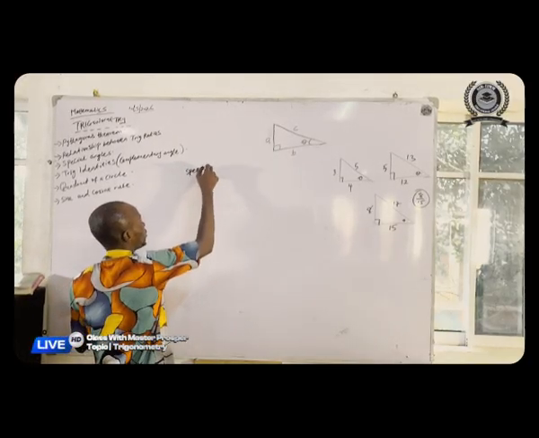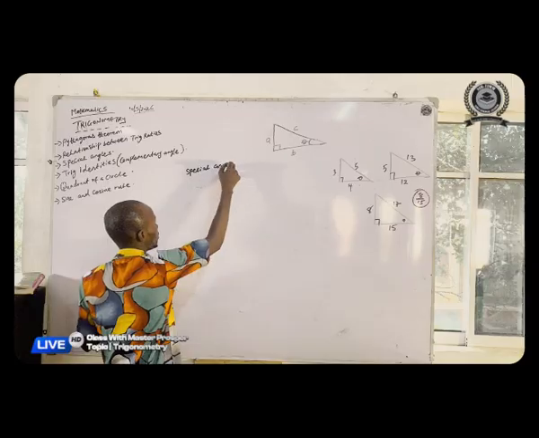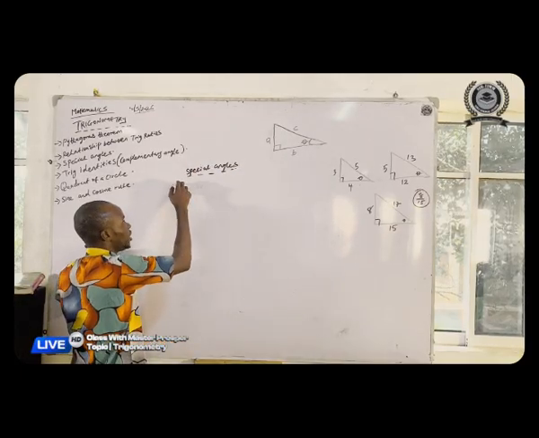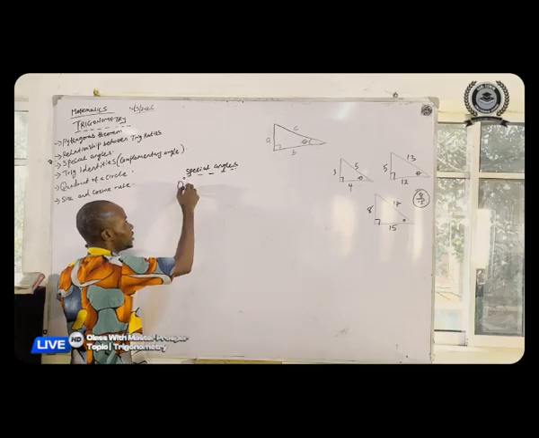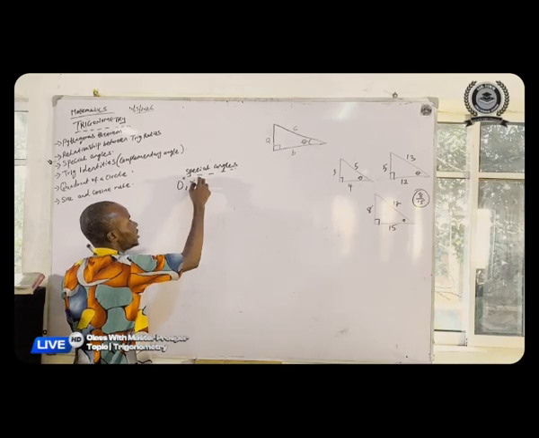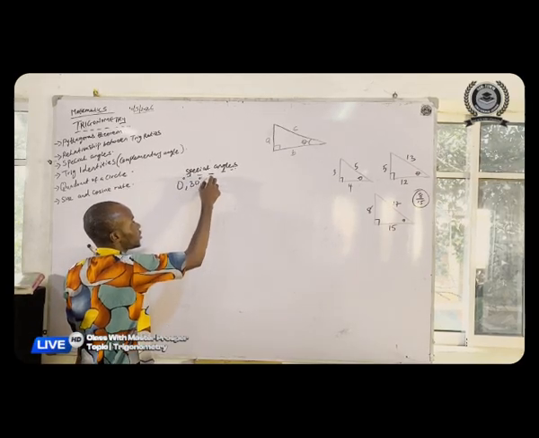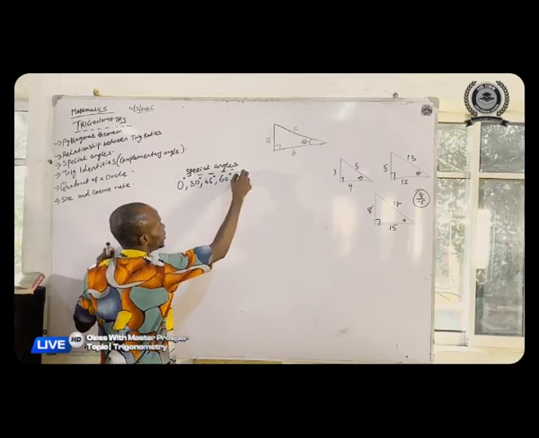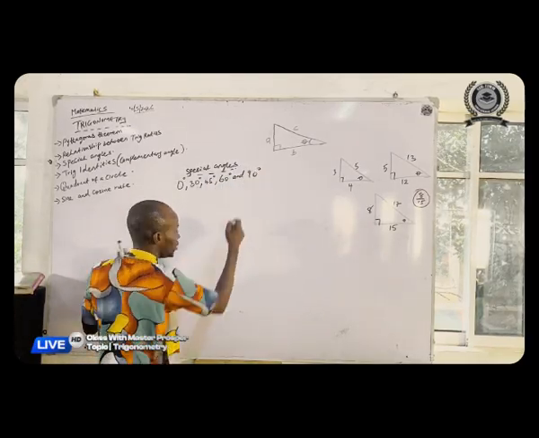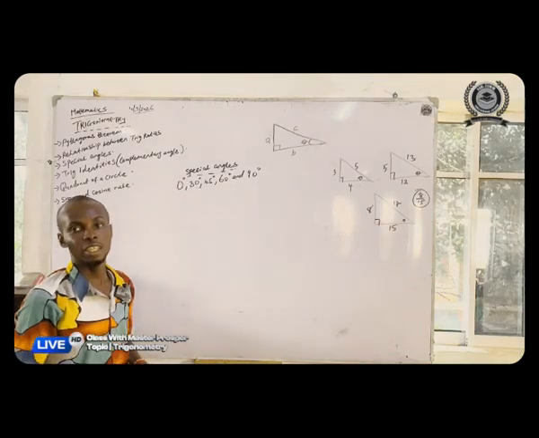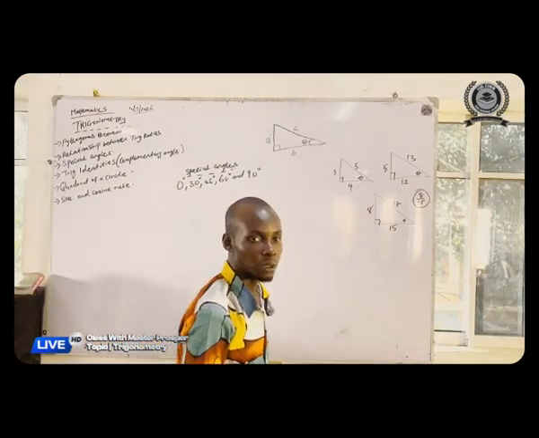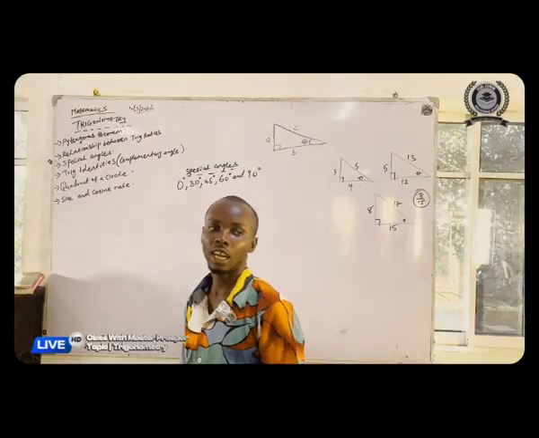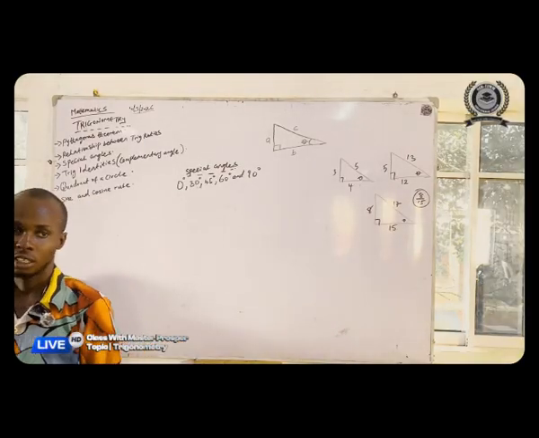Here are the special angles: 0 degrees, 30 degrees, 45 degrees, 60 degrees, and 90 degrees. These are the special angles.